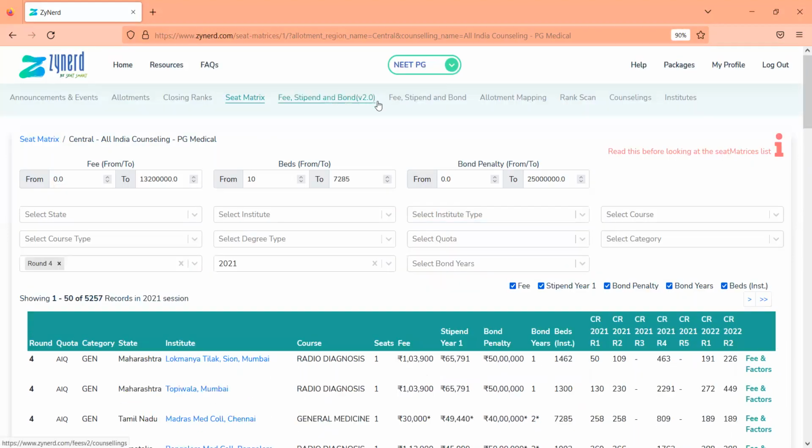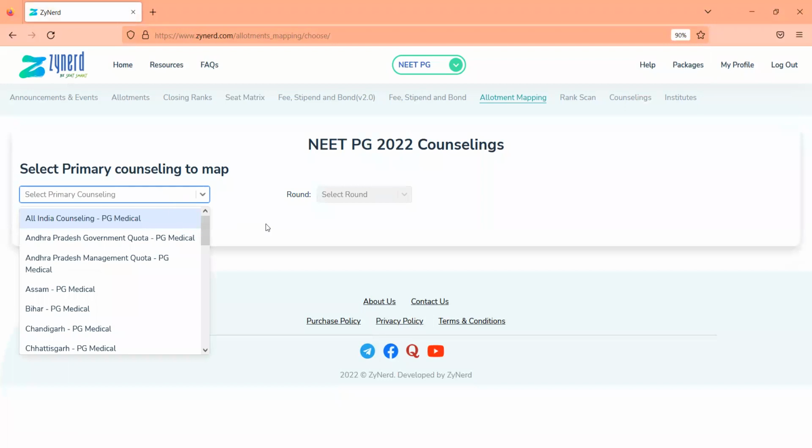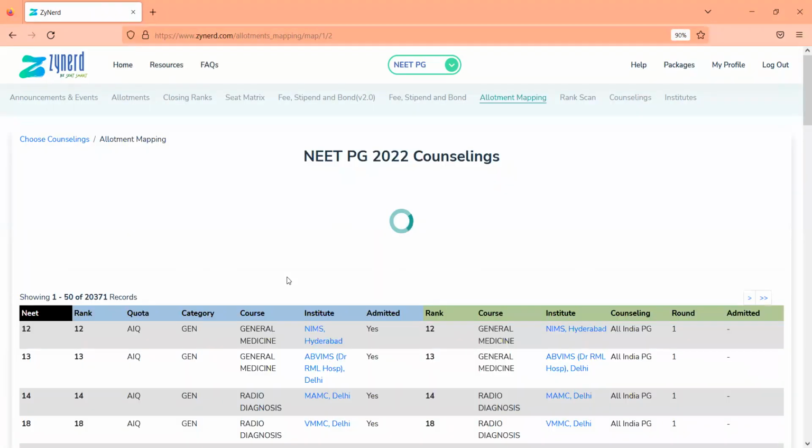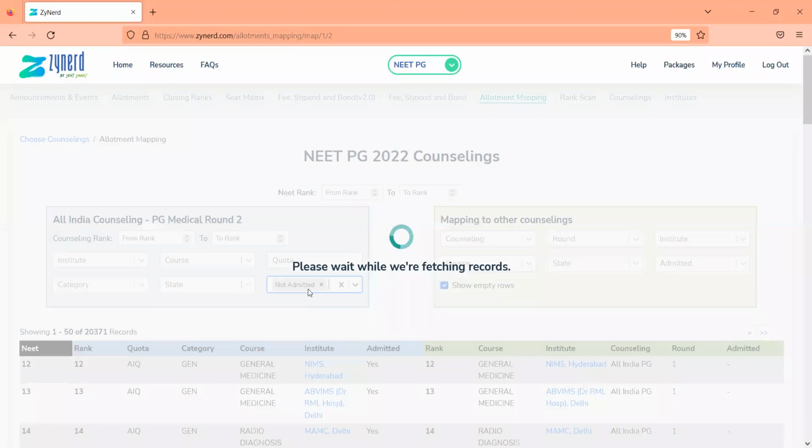Now, one major thing that you need to understand is that while you compare, let us say the seats have increased this year, there are more seats coming up this year. That does not necessarily mean that it is going to be a positive shift. When we go to allotment mapping and select All India PG Medical and round 2 allotted and select the not admitted candidates list, it says that these seats will come into mop-up.